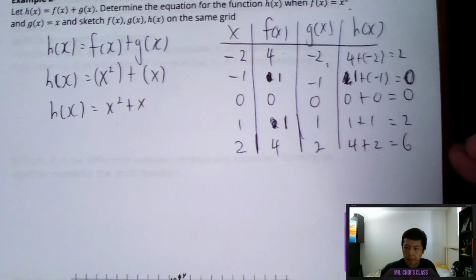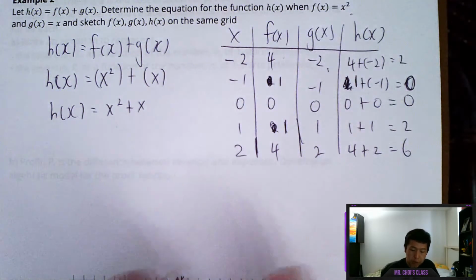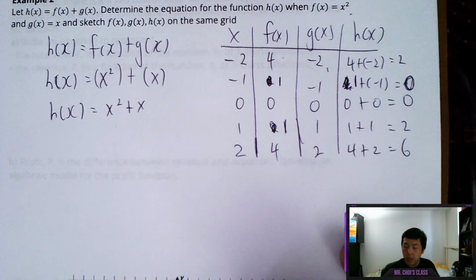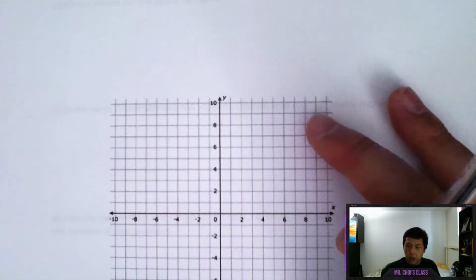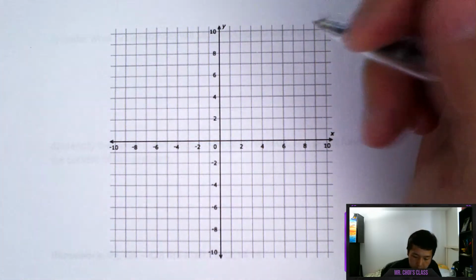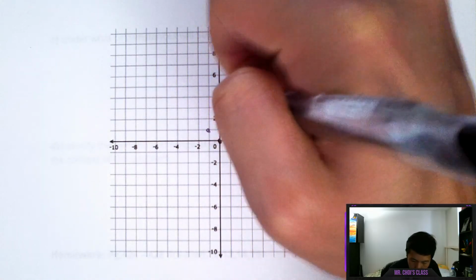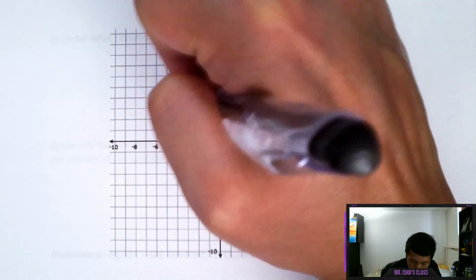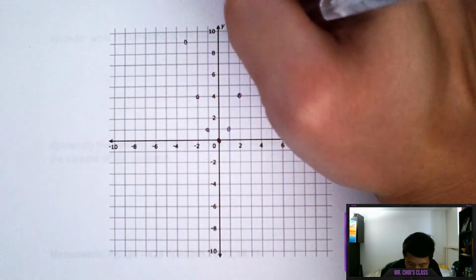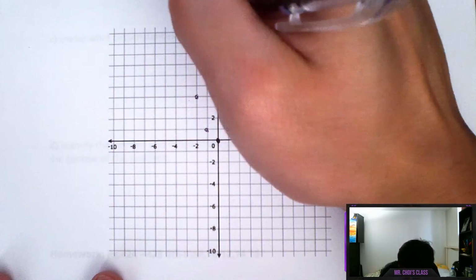Okay. So now we can graph each of these functions on the graph below, and then we'll analyze what we've said earlier, right? So graphing the original function f of x, which is x squared, we're going to get a function that looks like this. So that's f of x.